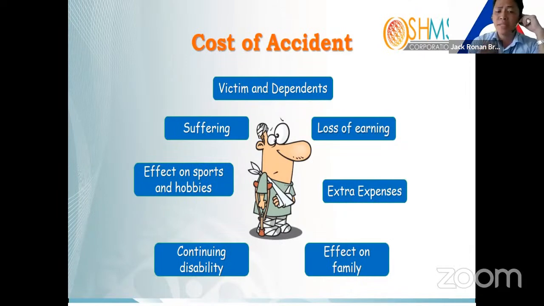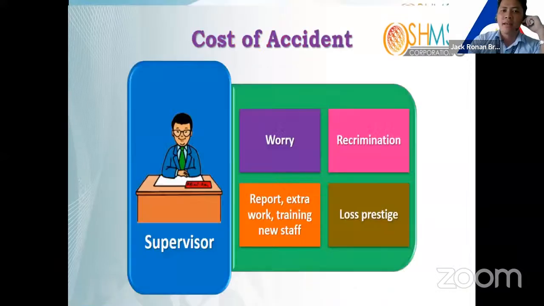You also have your continuing disability and the effect in general in the family. So next, what is the consequence of accident to your supervisor? Of course, worry, reclamation, report, extra work, training of new staff, and loss of prestige.